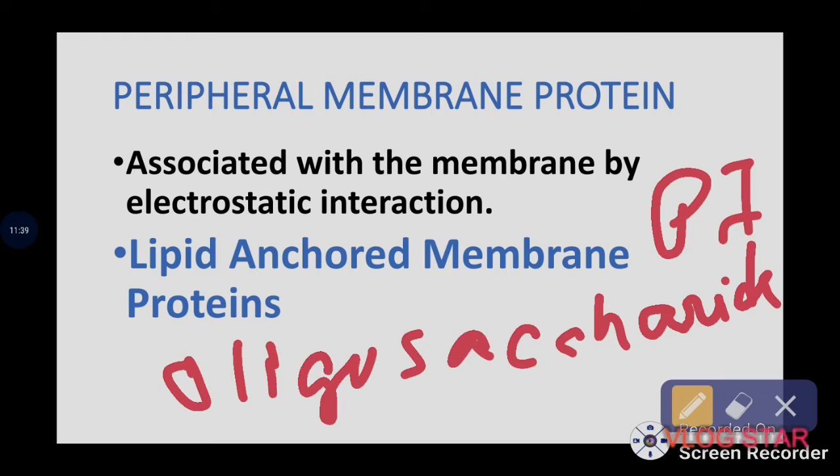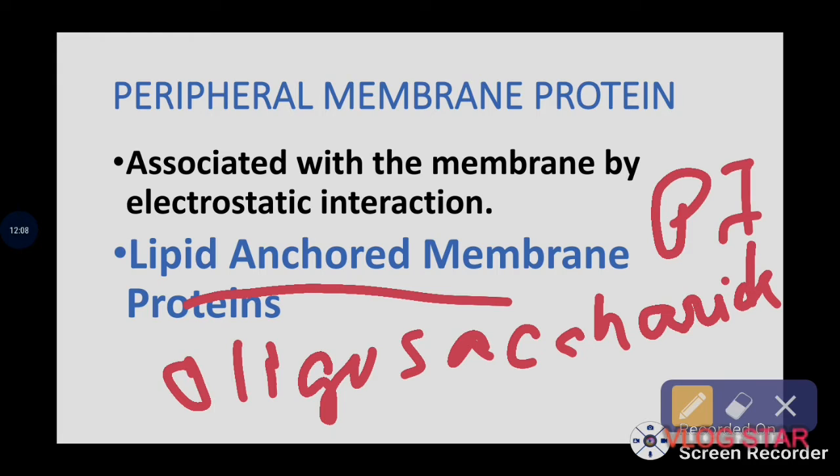These lipid anchored proteins are actually bound to the membrane by a small complex oligosaccharide, linked to the molecule of phosphatidylinositol. The phosphatidylinositol is linked to the oligosaccharide that is embedded.